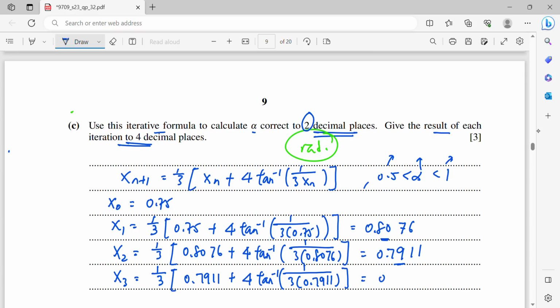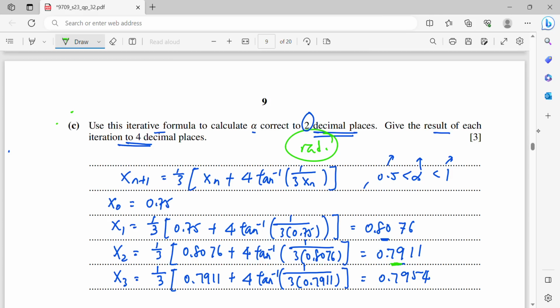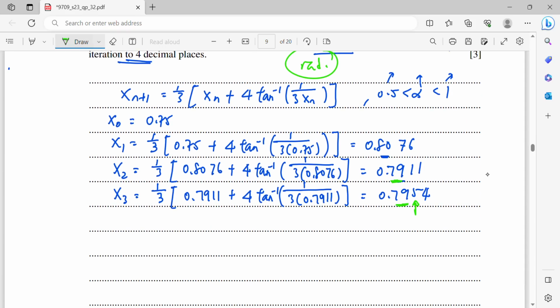Then you will get 0.7954. Now when you compare, just now I got 0.79, now it's 0.79. That means they are the same to 2 decimal places. For the final answer, just refer to the third decimal place. Since this is 5 and above, I will round up. So from here, I will write my alpha is approximately 0.80.